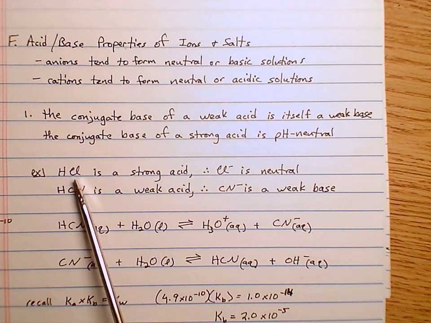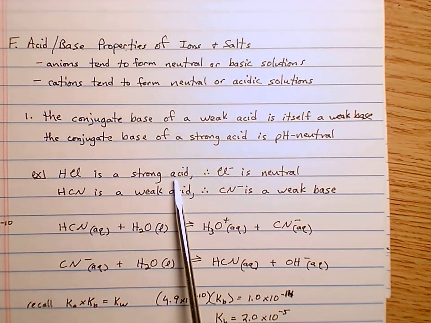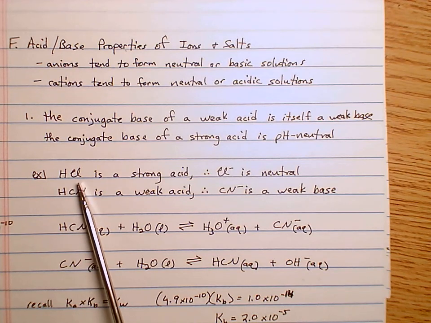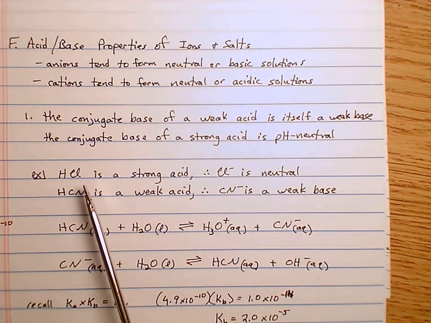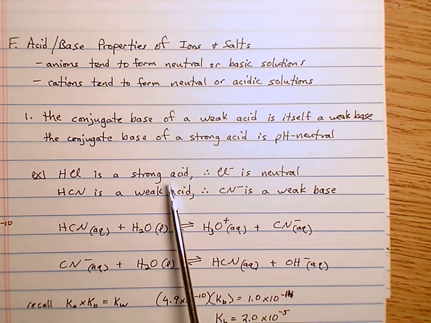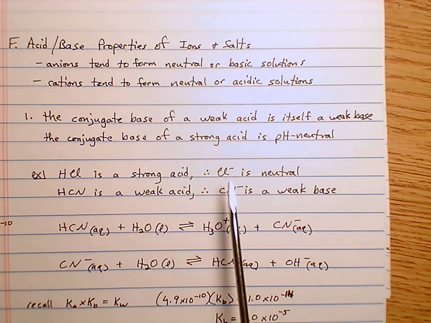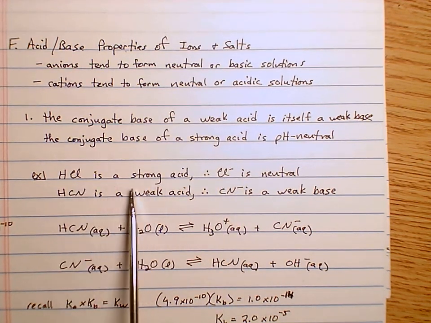So if we have HCl, that's a strong acid. The conjugate base of HCl is the chloride anion. Since the chloride anion is the conjugate base of a strong acid, chloride is neutral. Now, right now you're saying, oh, this chloride came from HCl, therefore it's neutral.